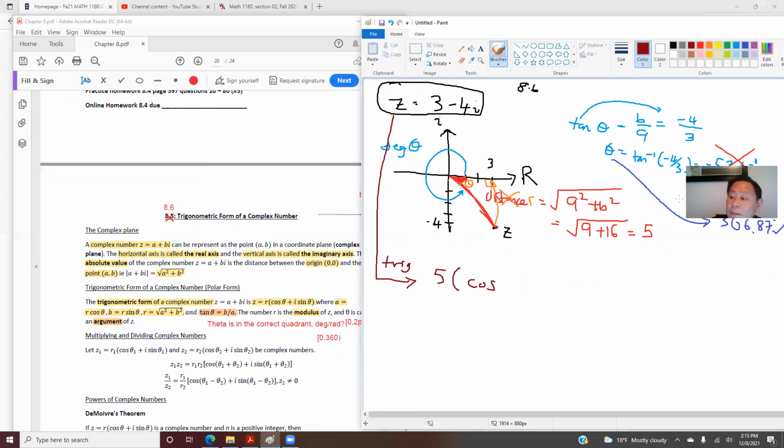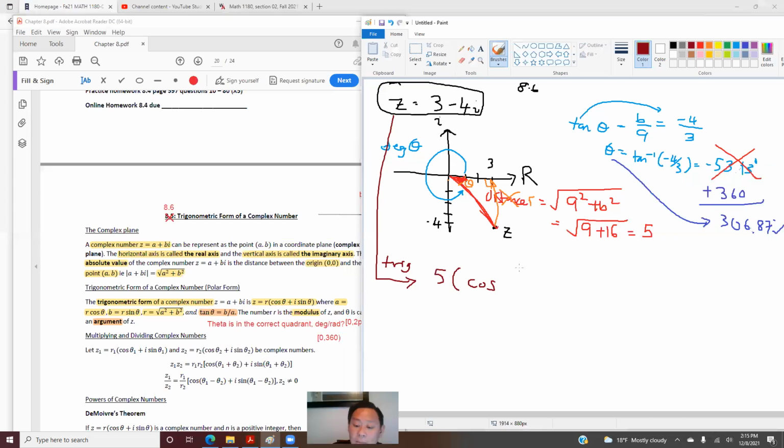Again, the theta in this case is 307, I just used 307, plus i sine 307 degrees. So this is your complex form written in trigonometric form.